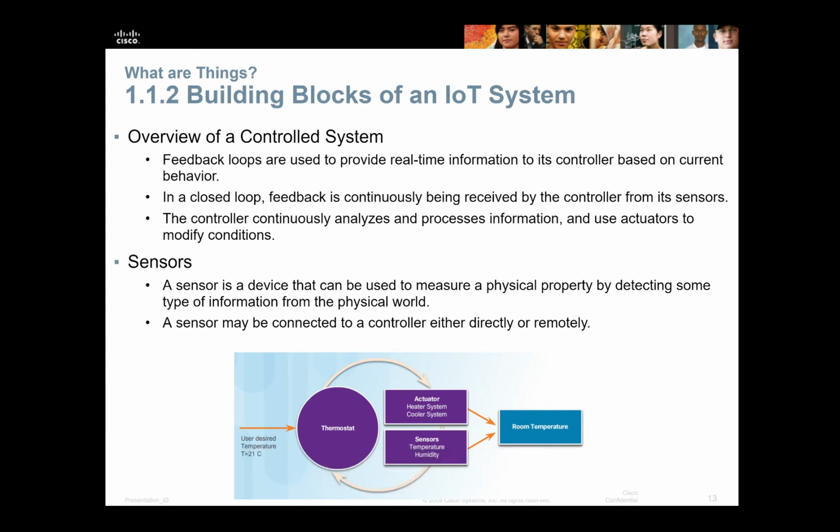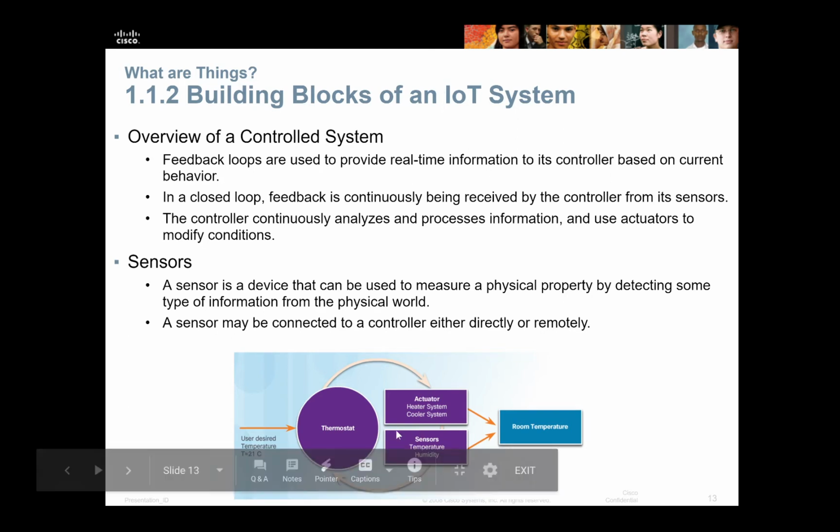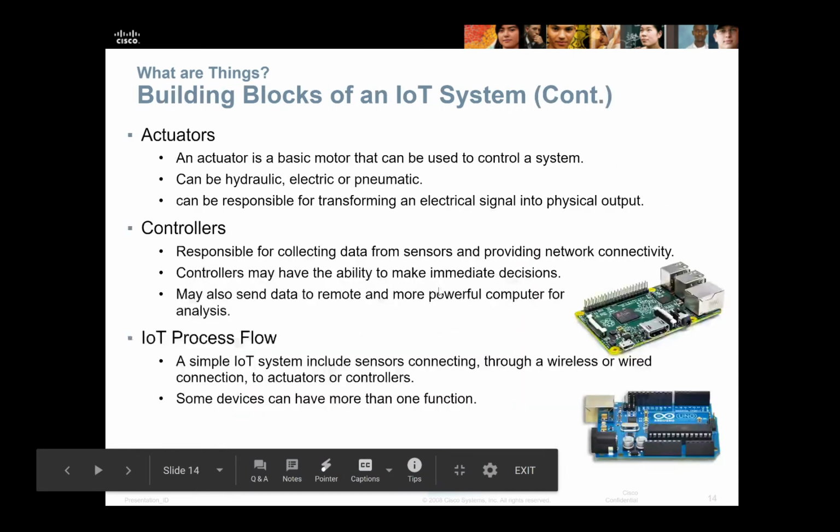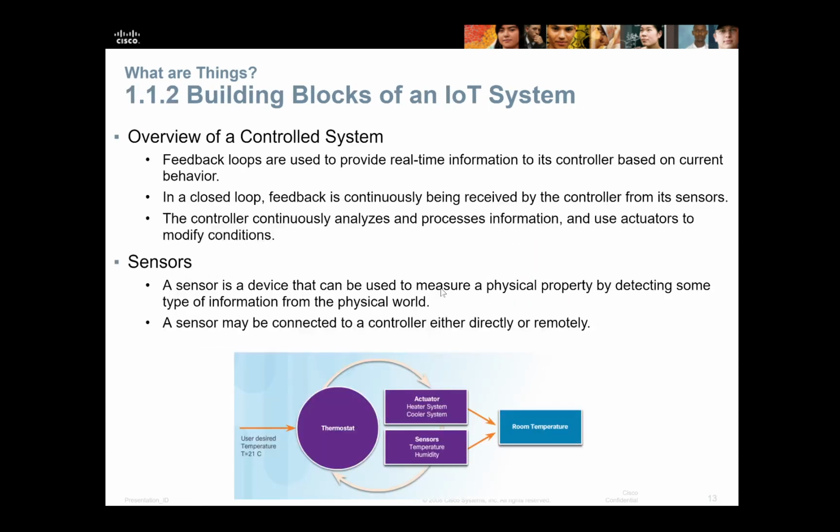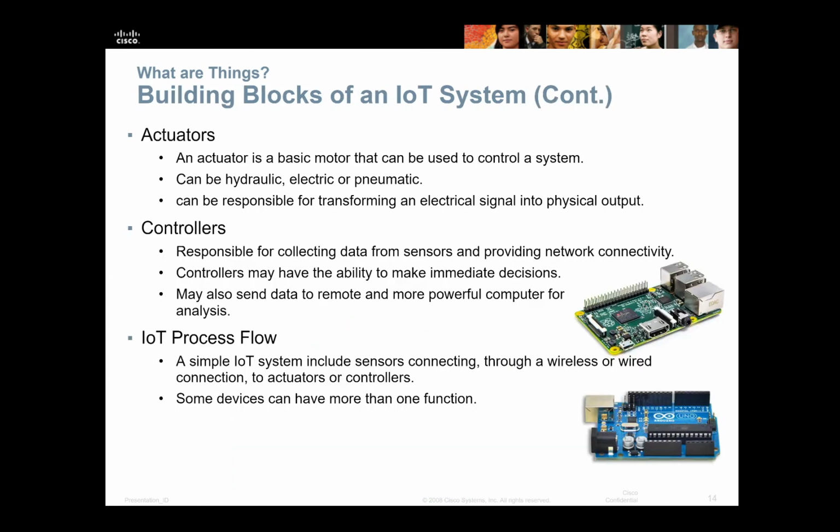So we have sensors, we have actuators, and then we have this controller. Sensors, actuators, controllers. Then there's that IoT process flow. Some devices can have more than one function. Yes, you already know that.